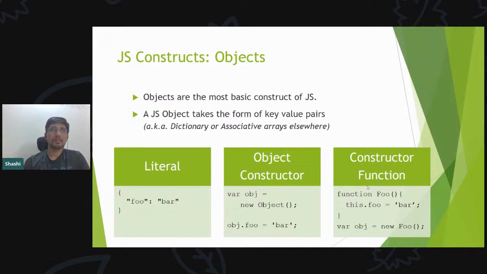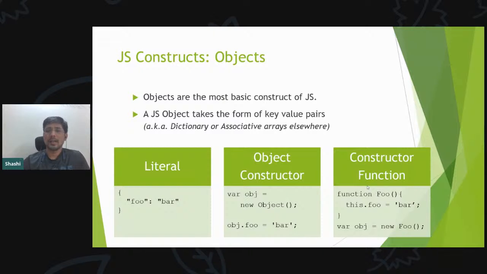If you simply write an open curly brace and a close curly brace, that creates an empty object, an empty container in JavaScript. You can also add any number of key value pairs immediately after creating the object.